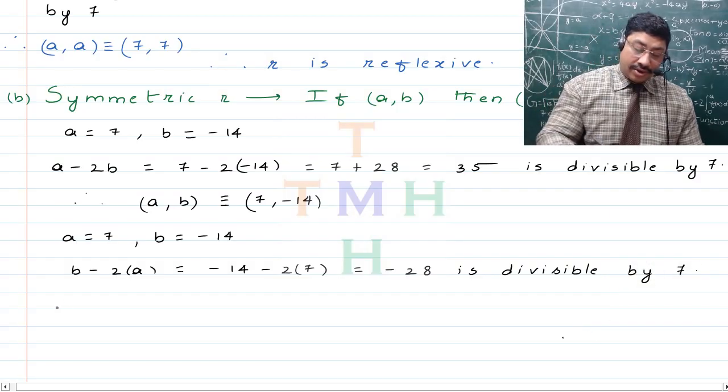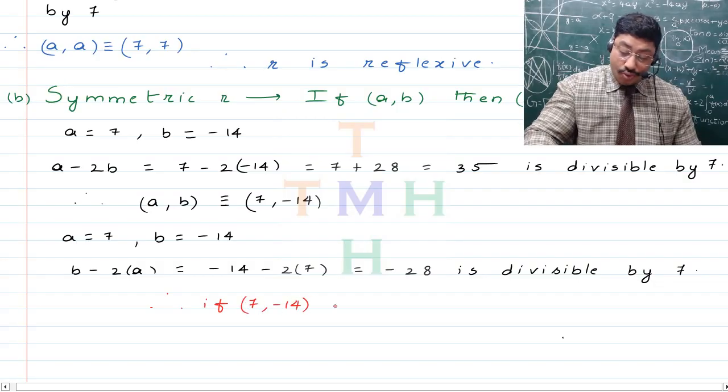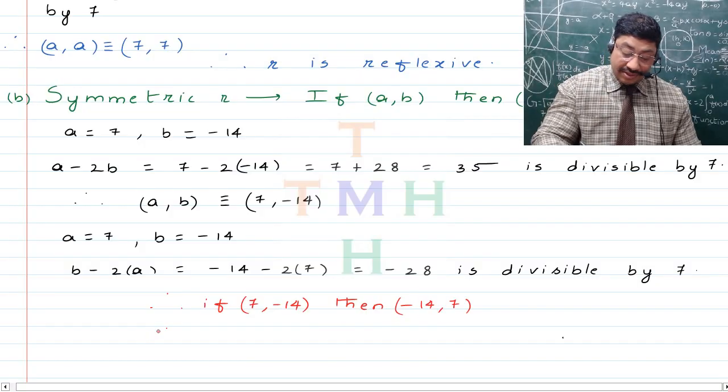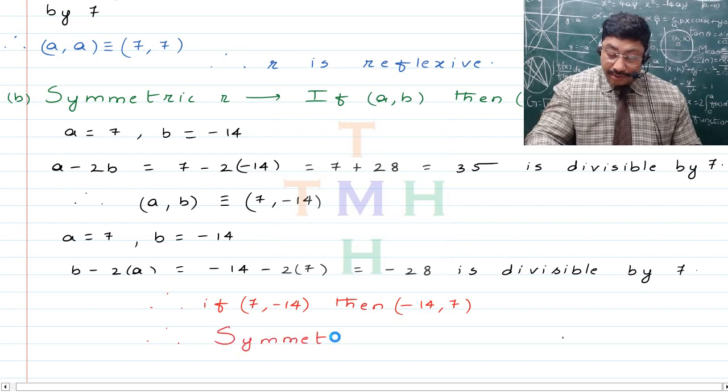Okay, and now thus you can say that if you have (7, minus 14), then you also have (minus 14, 7), and therefore you're talking about a symmetric relation.